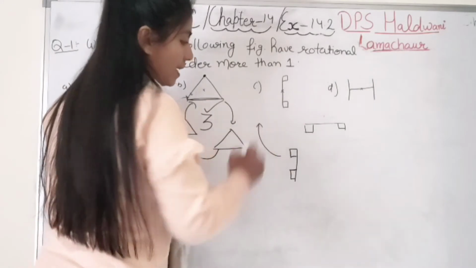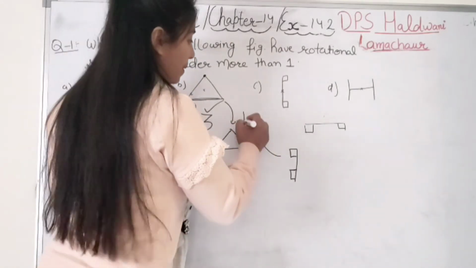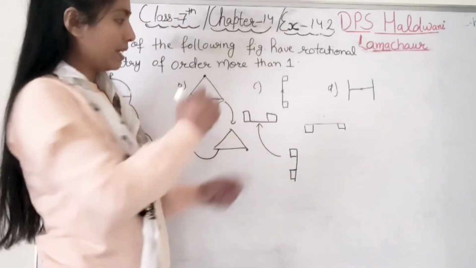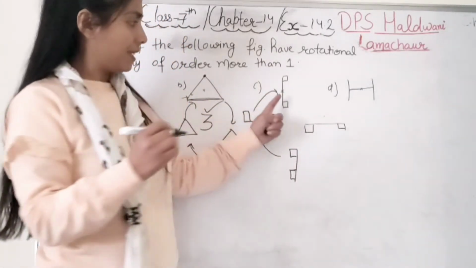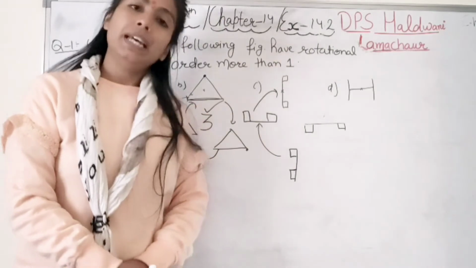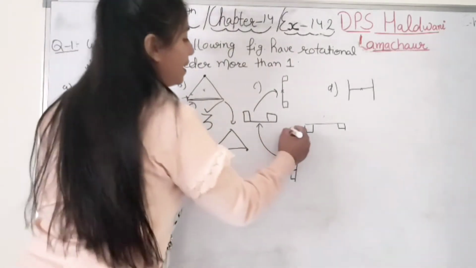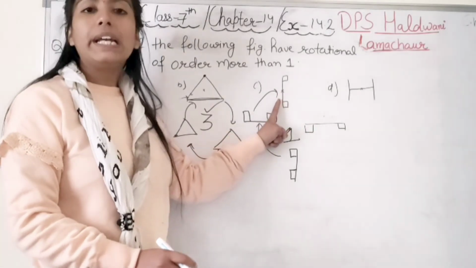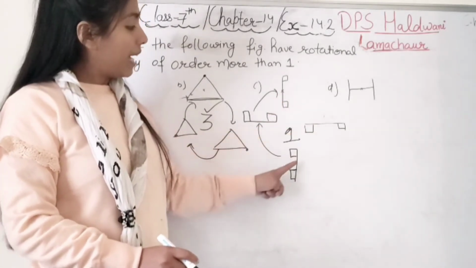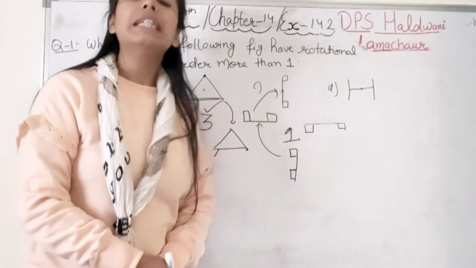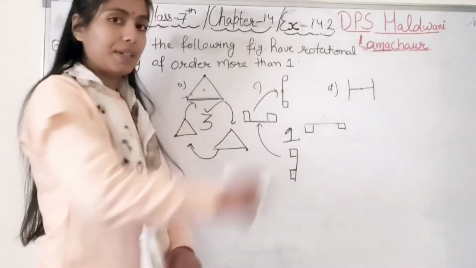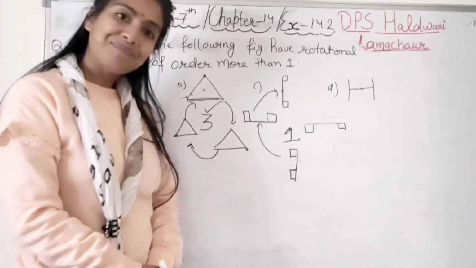When you rotate it 270 degrees, it becomes like this, again not the same. And when we rotate at 360 degrees, then it becomes the same. It means how many rotational symmetries are there? 1 rotational symmetry only, because only one time are we getting the same figure. At every other angle we are getting a different figure. It means we have order of symmetry 1 here. So it is not more than 1, right?